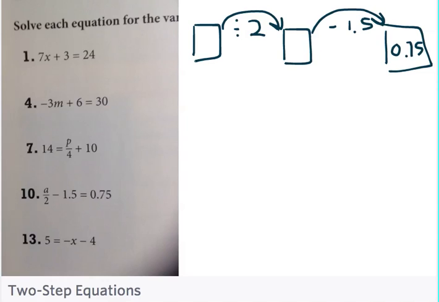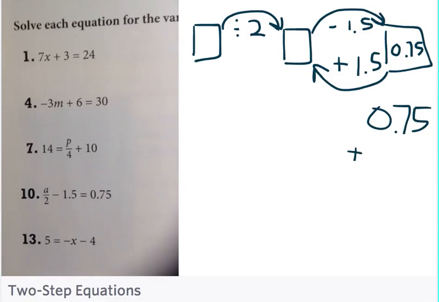So the opposite of subtracting 1.5 is to add 1.5. 0.75 plus 1.5 is 2.25. So that goes in the middle box, 2.25.